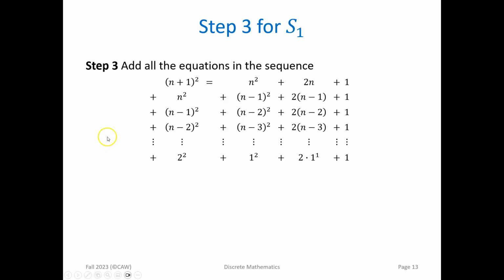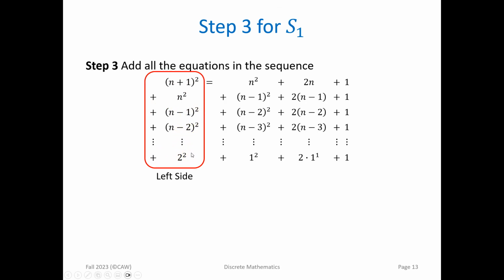We're now on step 3. Here we want to add all the equations in the sequence. So what you can see here is that we now have only one equation. Every column has been added up, and you see the pluses in front here. So we have one equation. The left side of this equation is (n+1) squared plus n squared plus (n-1) squared, all the way down to plus 2 squared.